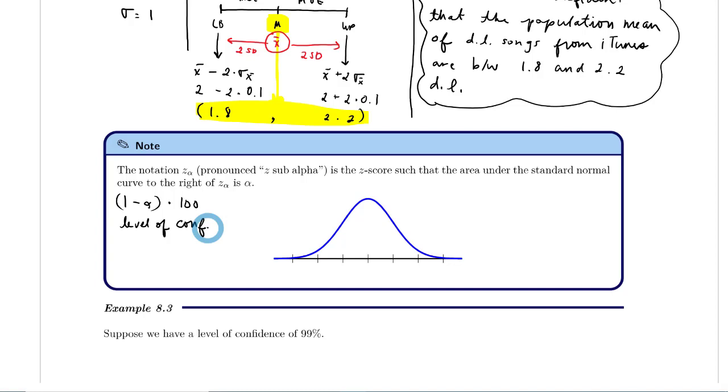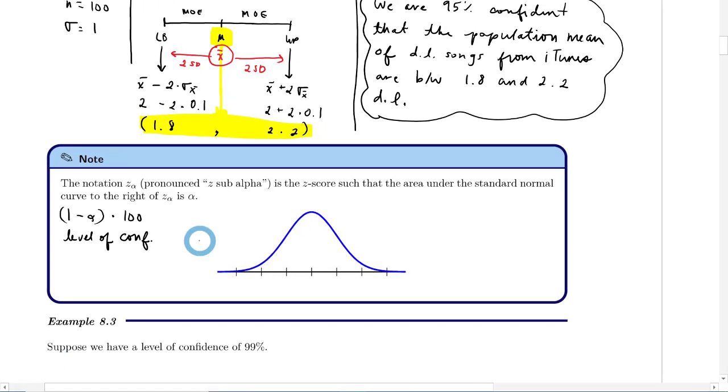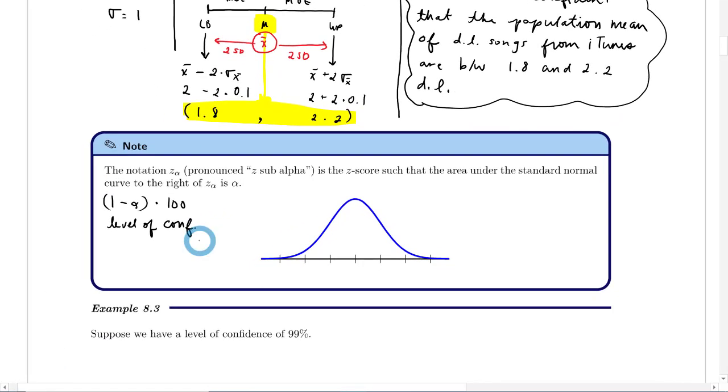So recall that the alpha in this case is area to the right. So I can just put alpha here, right? Alpha is the area. And let me put it in blue. So there's alpha. And remember that this z-score that corresponds to this area in the right tail is Z sub alpha.